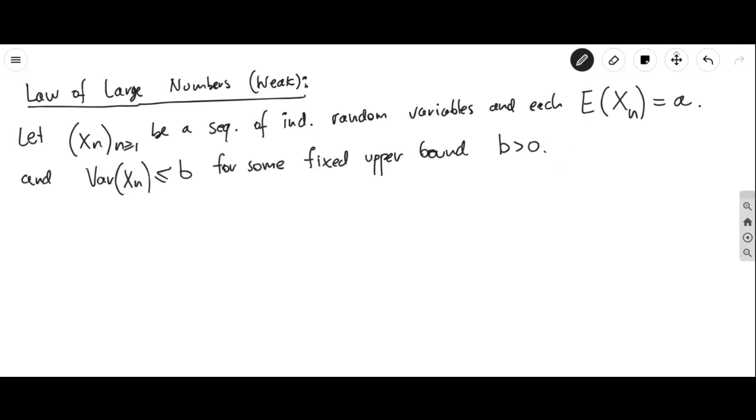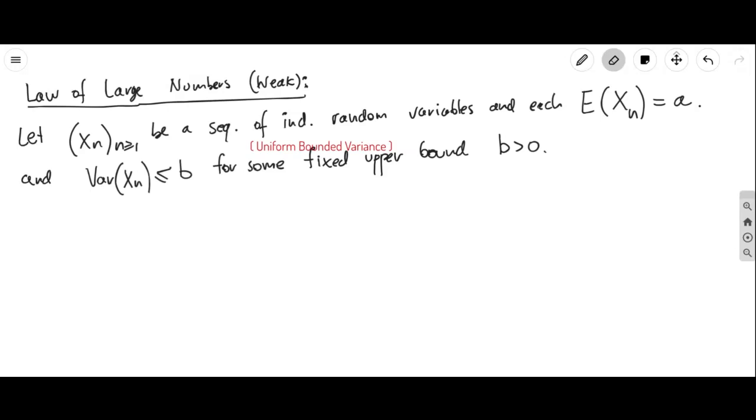So we're assuming that they have uniform bounded variance. Now, what's interesting about this is the variance somehow sneaks into the statement of the theorem. You would think that since the law of large numbers was all about averages, maybe this is the only thing you care about. But somehow the variance sneaks in. You need to assume something about the variance.